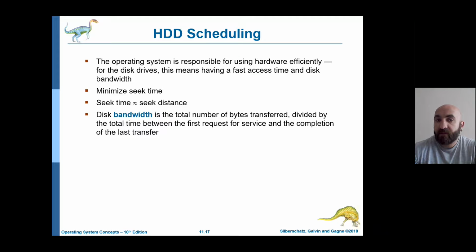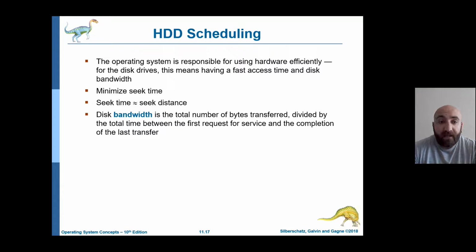We are going to move on to hard disk scheduling, because the algorithms we are going to focus on will be covered here. As you can guess, one of the responsibilities of the operating system is to use the hardware efficiently. For HDDs, meeting this responsibility entails minimizing access time and maximizing data transfer bandwidth.